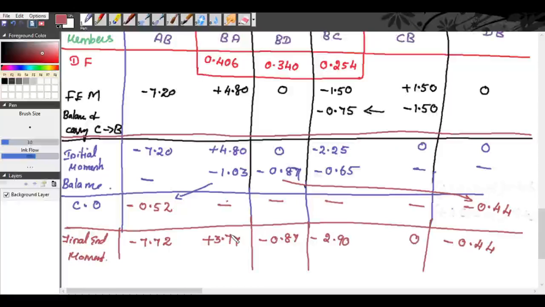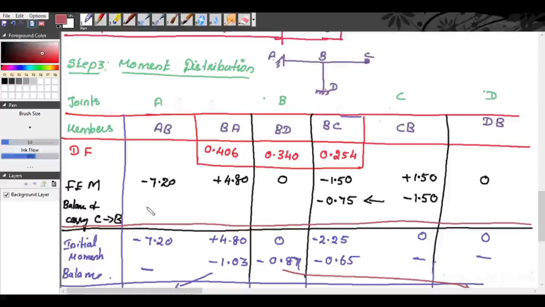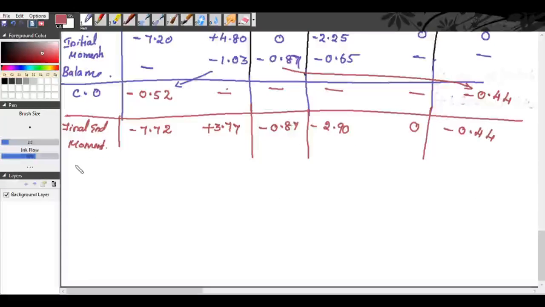So now, our last step. Next step is writing the fixed and final end moments. So step 4.